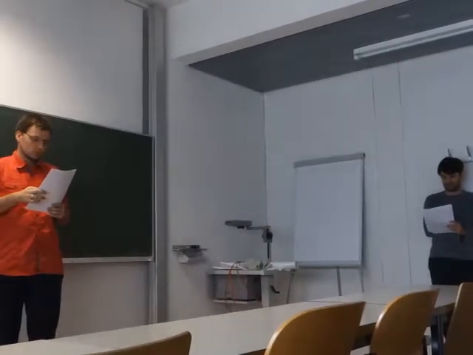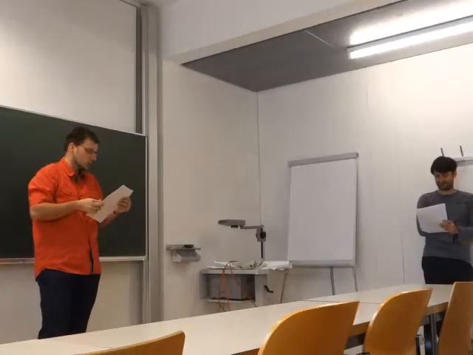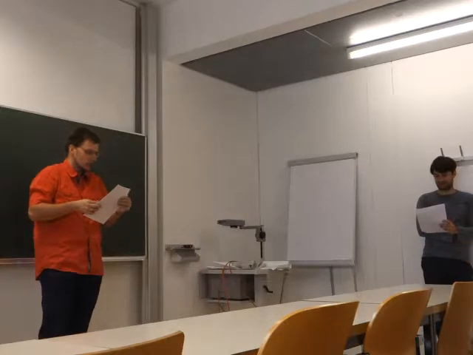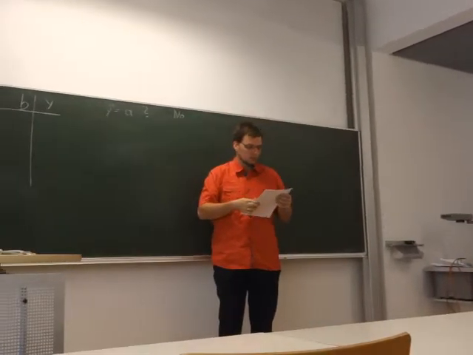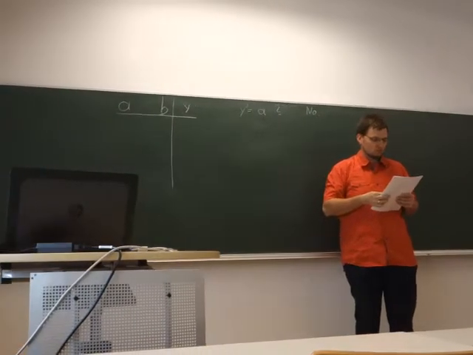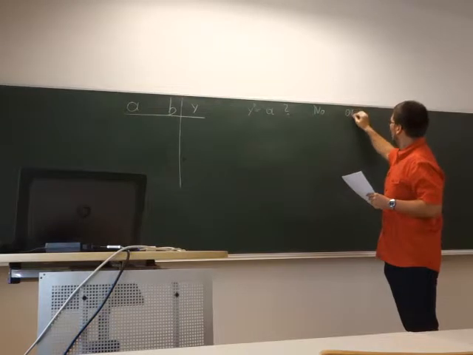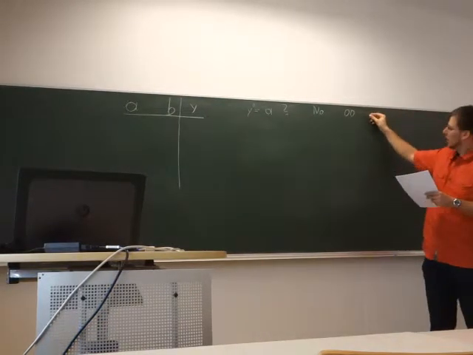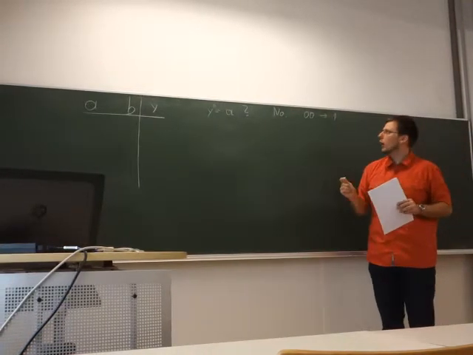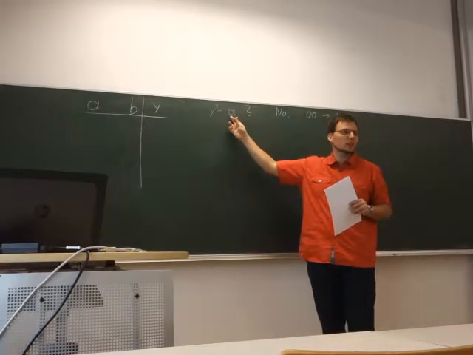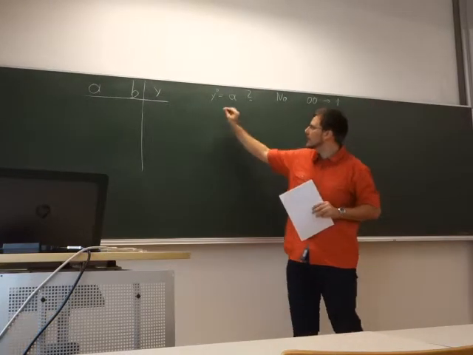You need to give one input vector, one set of values for a and b that contradicts this formula. There is one input vector where a is 0 and b is 0 and y is 1. So 0, 0 should map to 1, and that would not be the case if this was true. So what's your next guess?